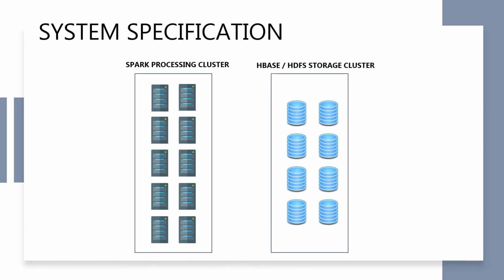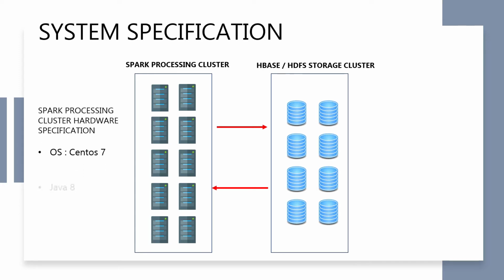This is the system specification of the Spark processing cluster. The system consists of Spark processing cluster and HBASE or HDFS storage cluster. Spark processing cluster specifications are CentOS 7 operating system, Java 8 programming language, and 10 servers.